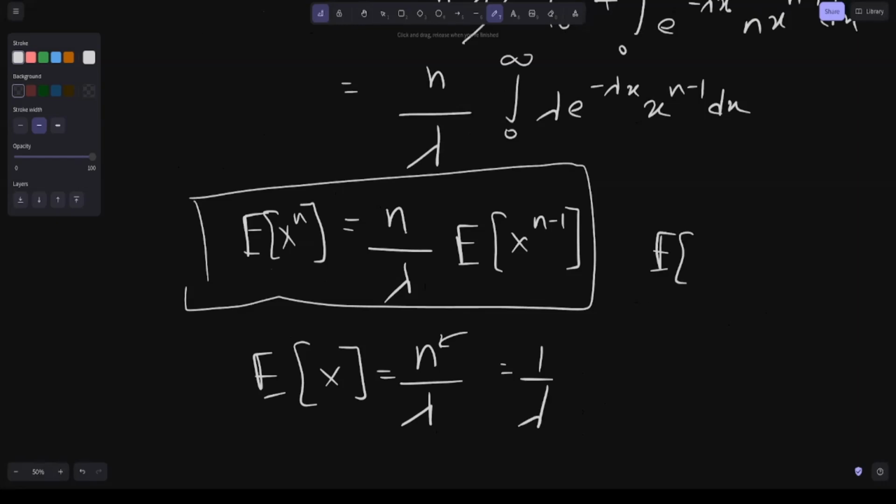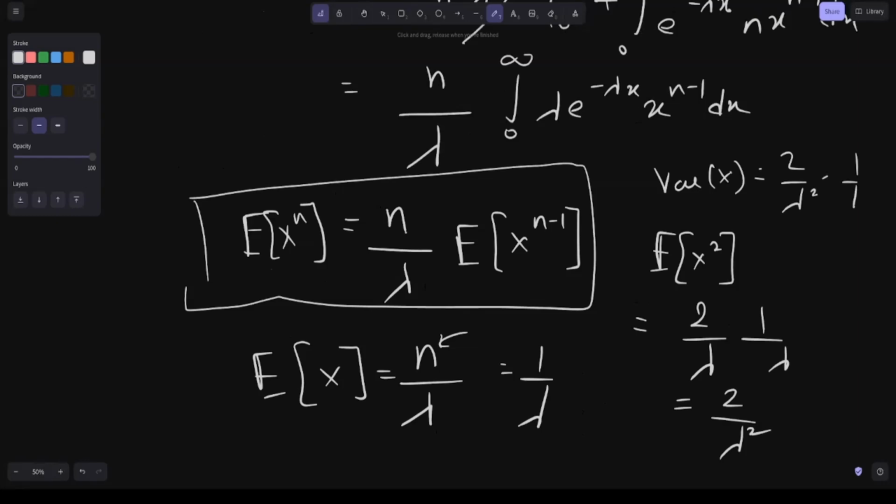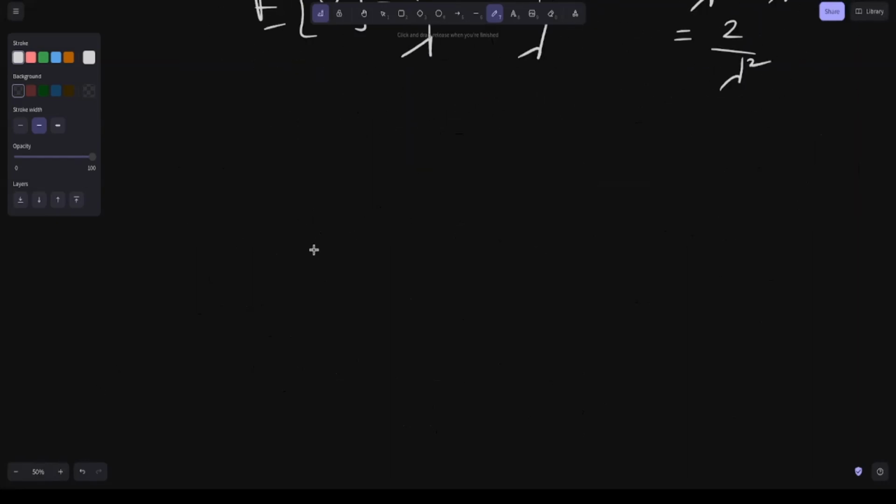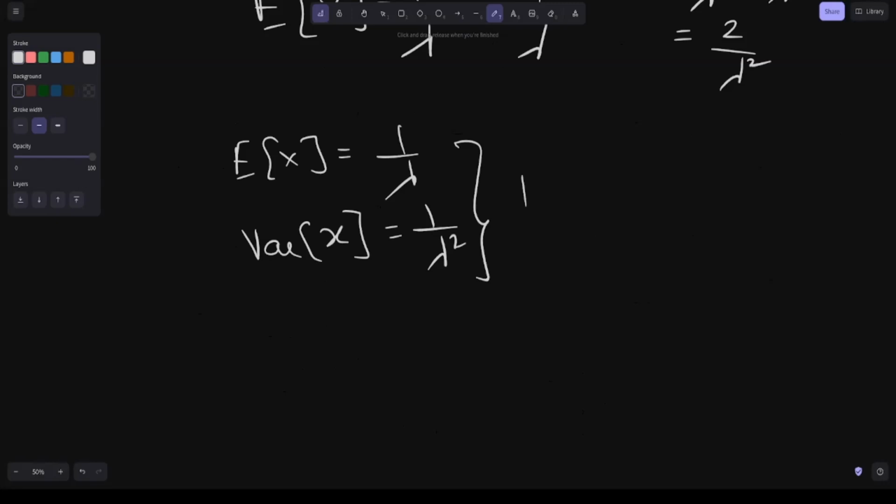E of X square will be 2 by lambda times E of X, so 2 by lambda square. So the variance of X will be 2 by lambda square minus 1 by lambda whole square, which becomes 1 by lambda square. So the expectation is 1 by lambda, and the variance of X is 1 by lambda square. These are the equations for the exponential.